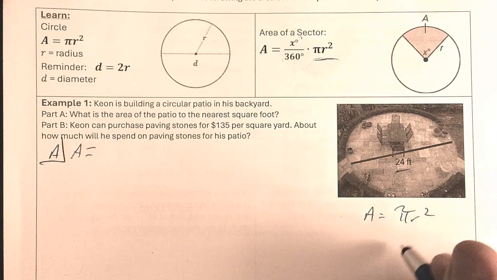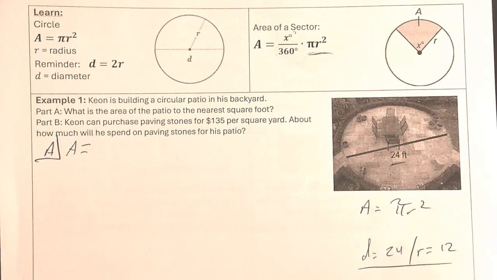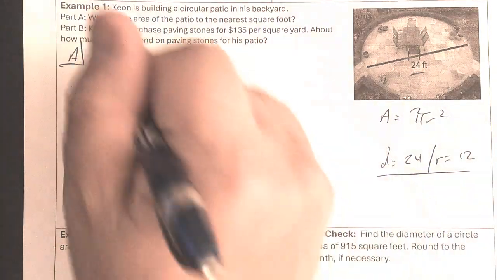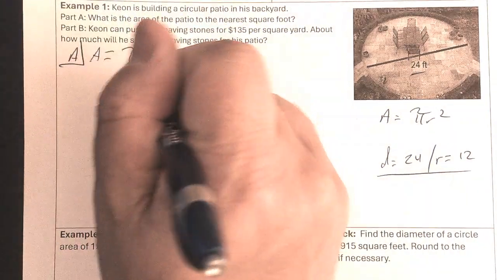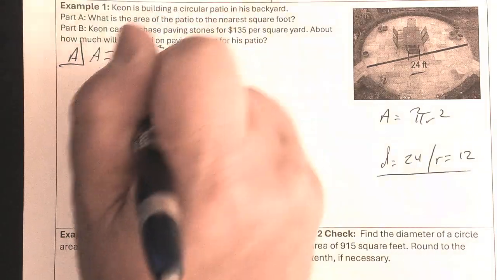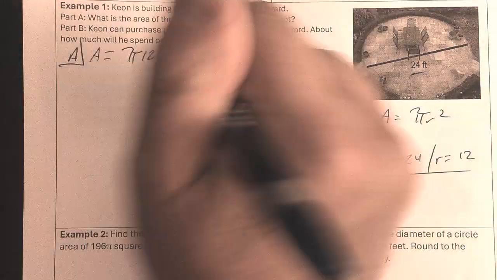If the diameter is 24, we know the radius is half of that, so radius is 12. Area equals pi r squared. The radius is 12 squared, so that's 144 pi.